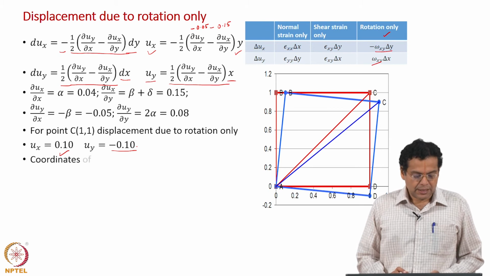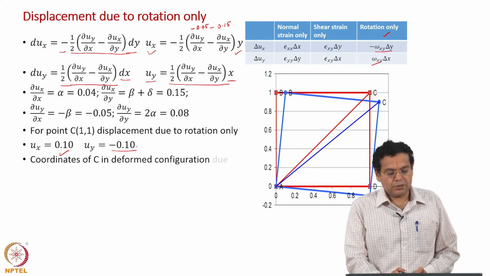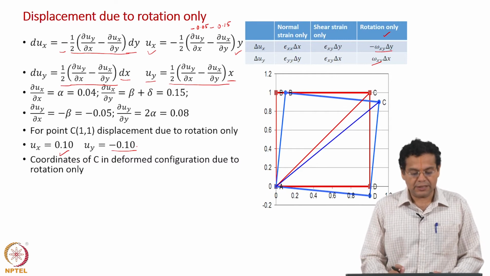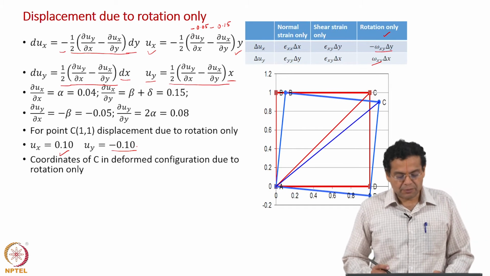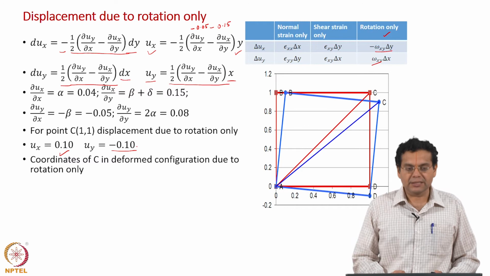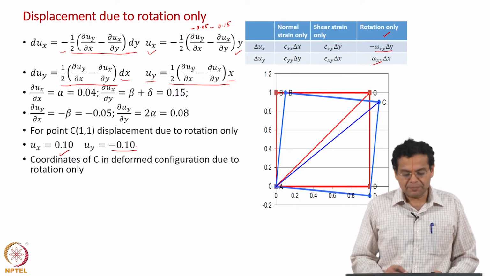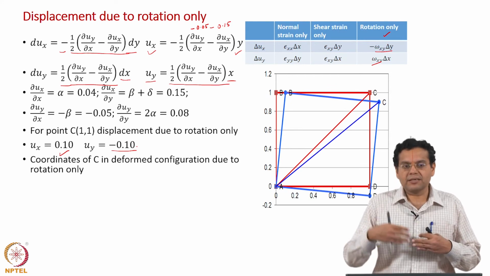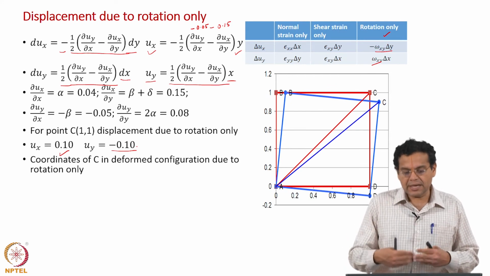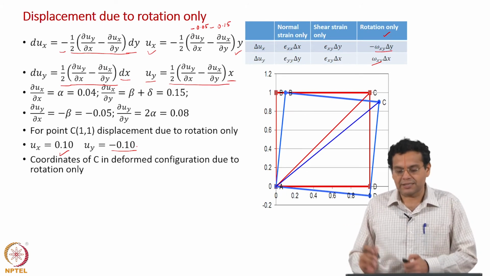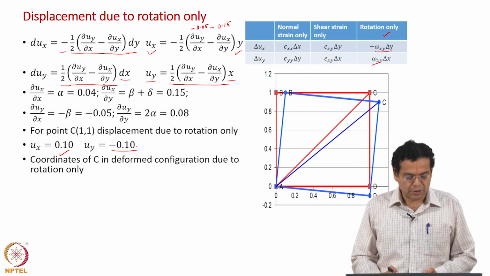So, now let us add to the original coordinates of C in the deformed configuration due to rotation only. Just want to mention, it says deformed configuration but rotation only, which looks a little paradoxical, because we said deformation is normal strain and shear strain only, but this is the usual nomenclature used: initial configuration, final configuration, initial state, final state. So, that is why this says deformed configuration, meaning final state, the blue boundary, due to rotation only.